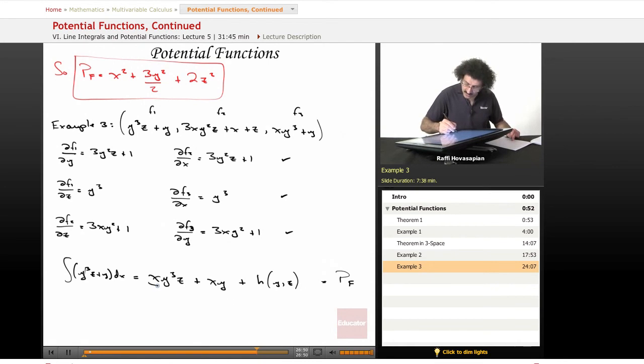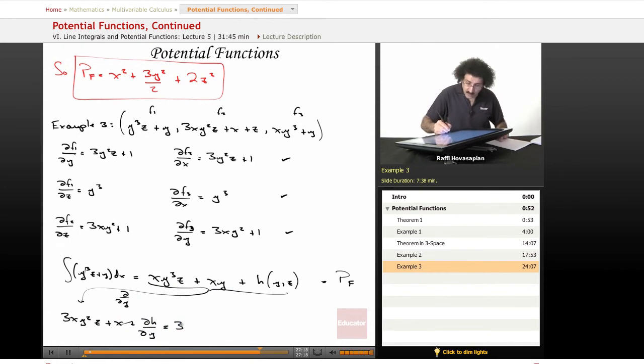Now I'm going to take this and differentiate it with respect to y, and set it equal to the second coordinate function, which is exactly what it is. So when I differentiate this with respect to y, I get 3x y squared z plus x plus dh dy.